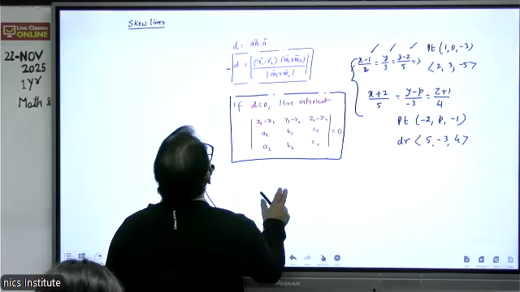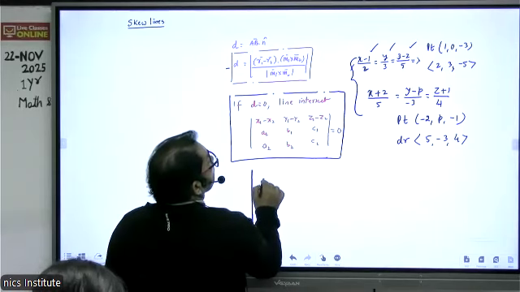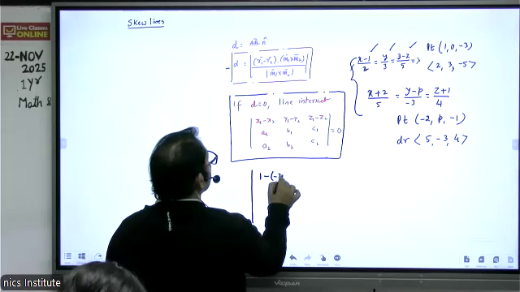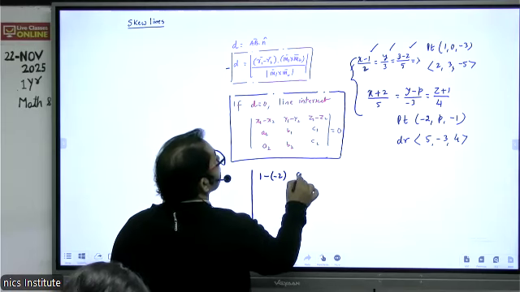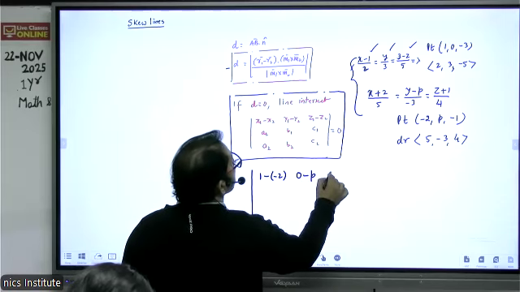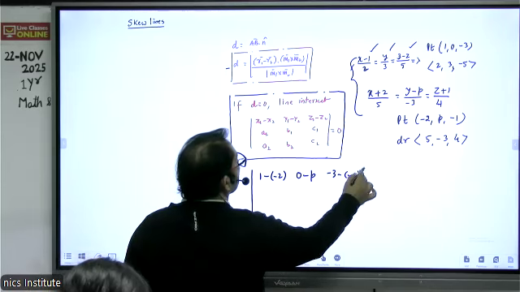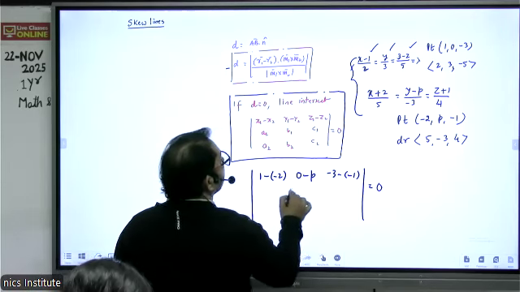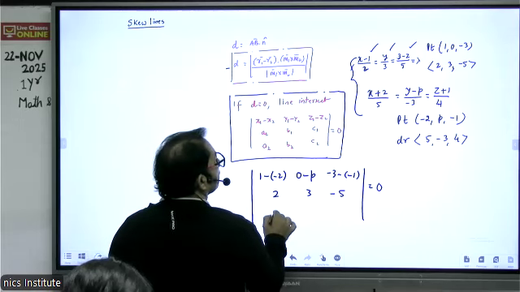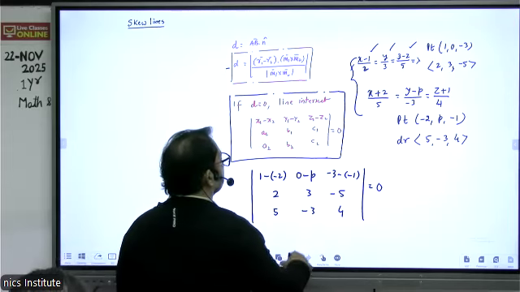X1, X2 are the points. So 1 -2, then 0 -p, and Z1 is -3, Z2 is -1. A1, B1, C1: 2 3 -5, 5 -3 4.